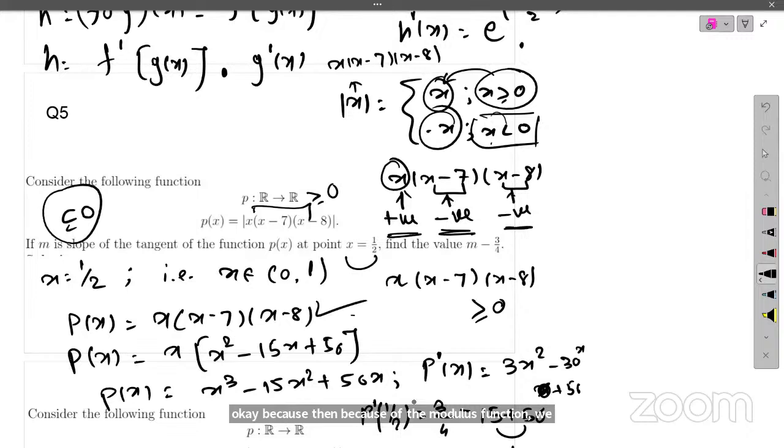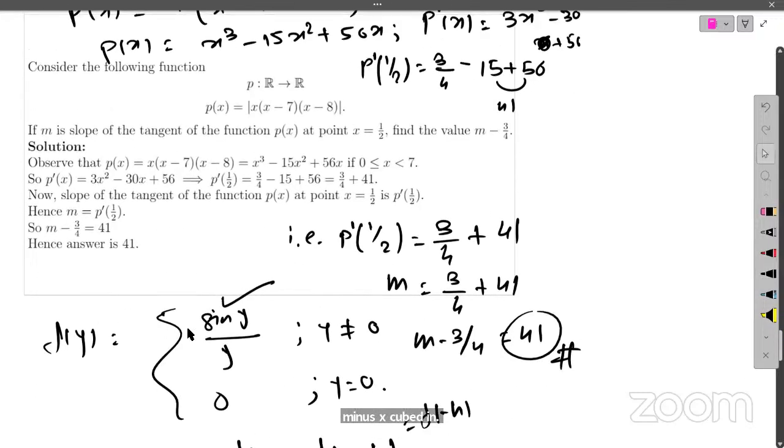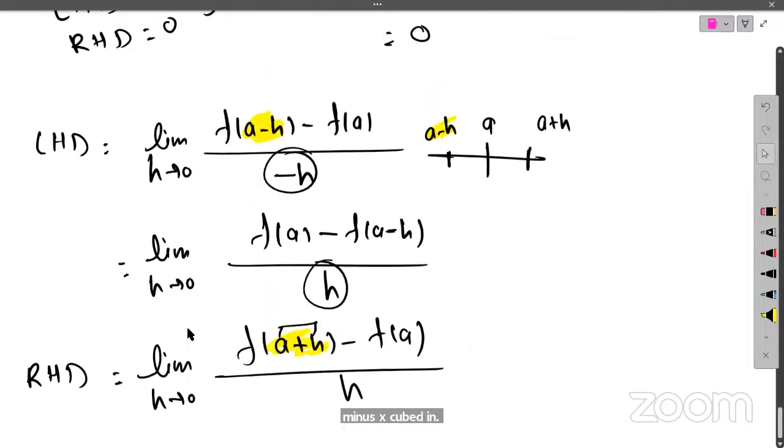Here in place of x we have the whole expression, so if this expression is less than 0, we have to take our function to be minus of that expression. Okay, is that fine? Like it would be minus x cube plus 15x square minus 56x, right, minus of minus x cube and same. So here is the solution, and that's all.